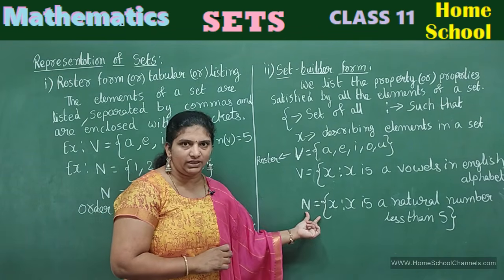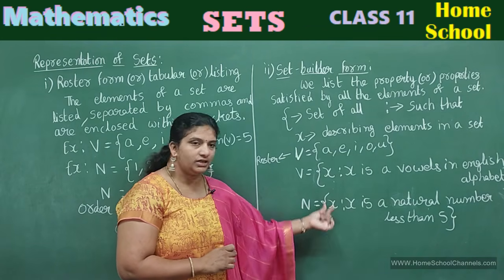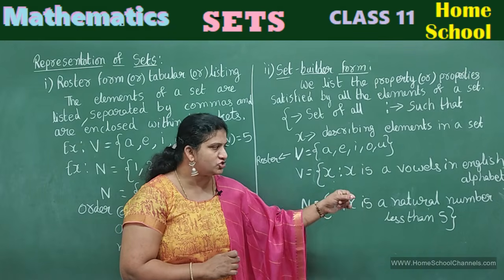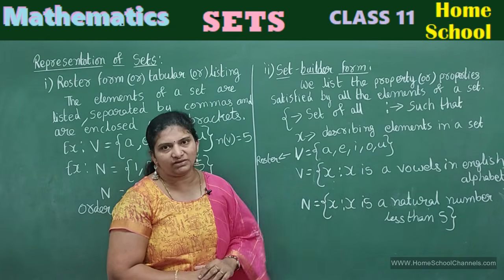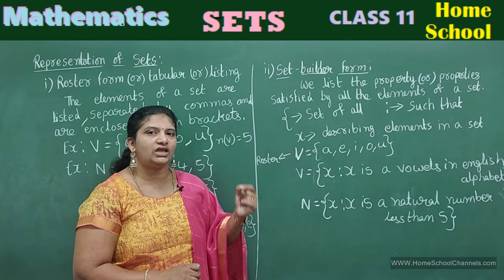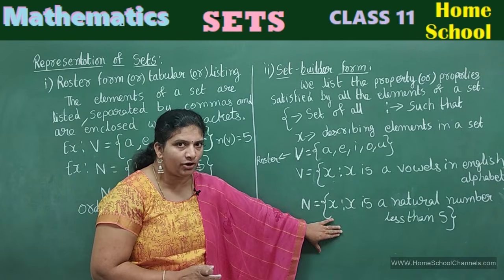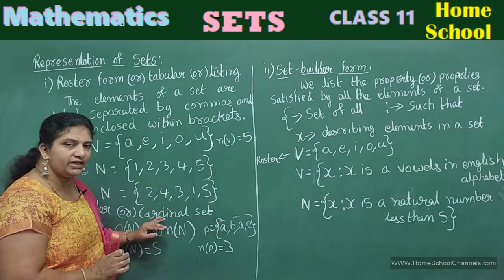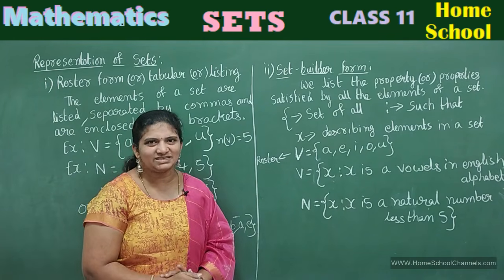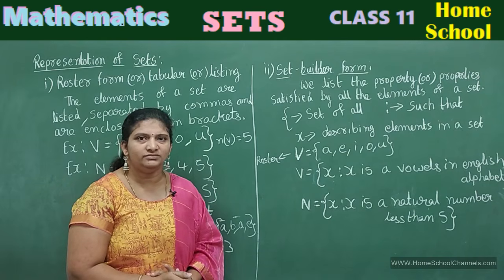N is equal to, a set is always represented by a capital letter, curly bracket, x such that x is a natural number less than 5. Natural numbers less than 5 means 1, 2, 3, 4 you are going to get. Here we write only the property and here we write the elements. Is this clear? What is the roster method and set builder method?